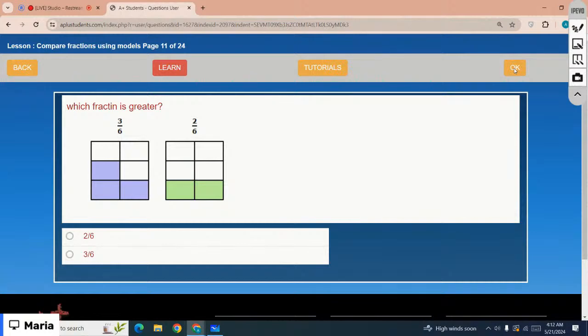Which fraction is greater, 3 by 6, 2 by 6? Yes, 3 by 6 is greater than 2 by 6. The correct option is 3 by 6.